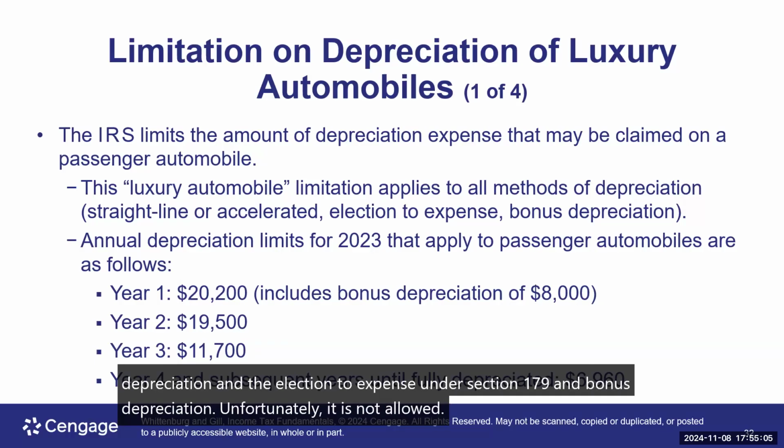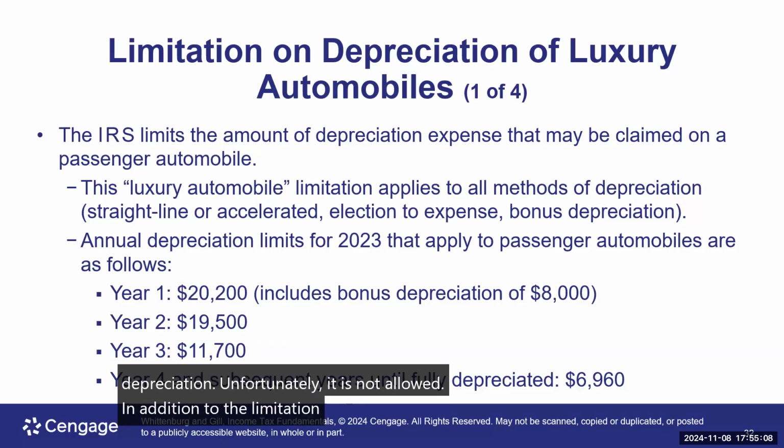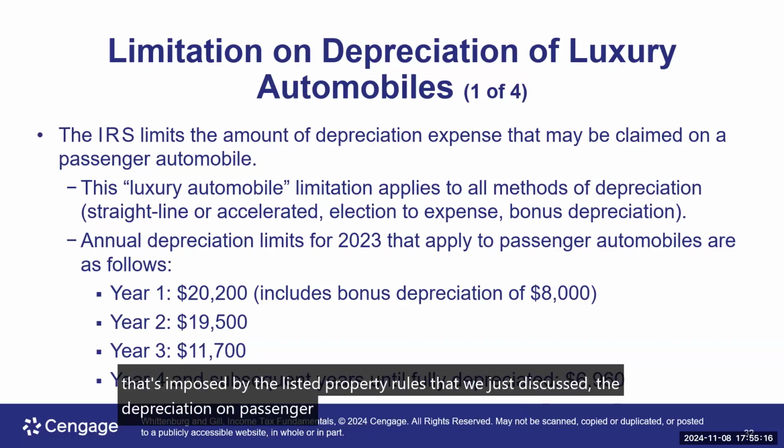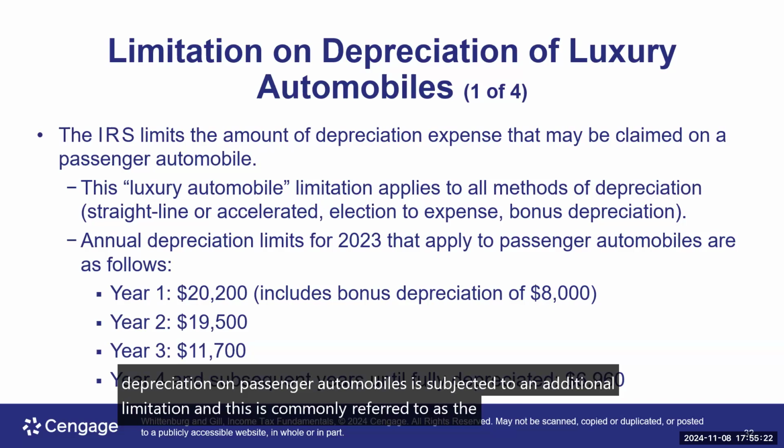In addition to the limitation on the depreciation of passenger automobiles imposed by the listed property rules that we just discussed, the depreciation on passenger automobiles is subject to an additional limitation, commonly referred to as the luxury automobile limitation.